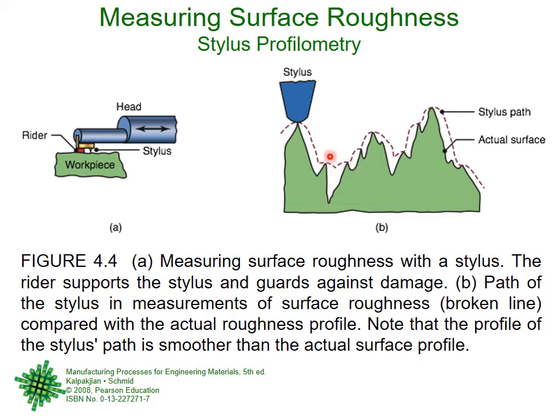So the stylus cannot be so sharp that it actually traverses the exact surface. So this will be sort of a rough measurement, not 100% exact, but this is good enough. For all purposes, this is good enough, right? So the actual surface is this, the stylus path is the dashed one, right? So we must understand that if we want to make the stylus very, very thin, then its stability and strength will be a big issue, and we cannot do that.